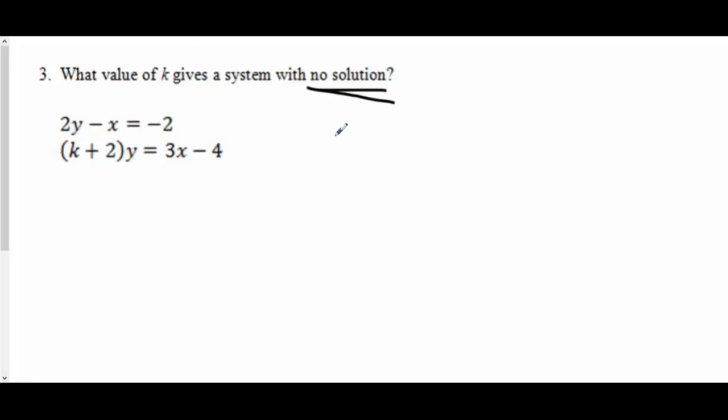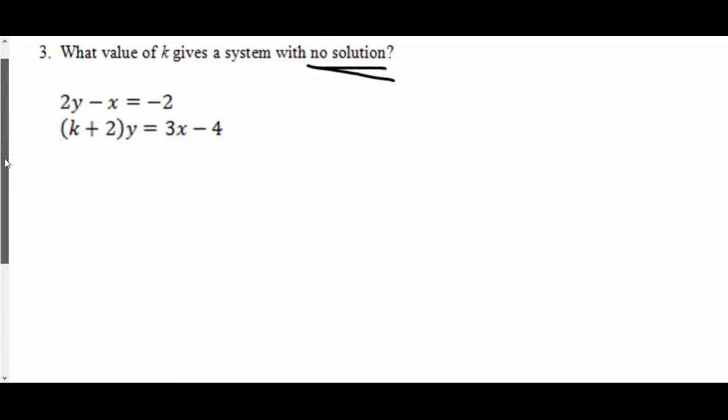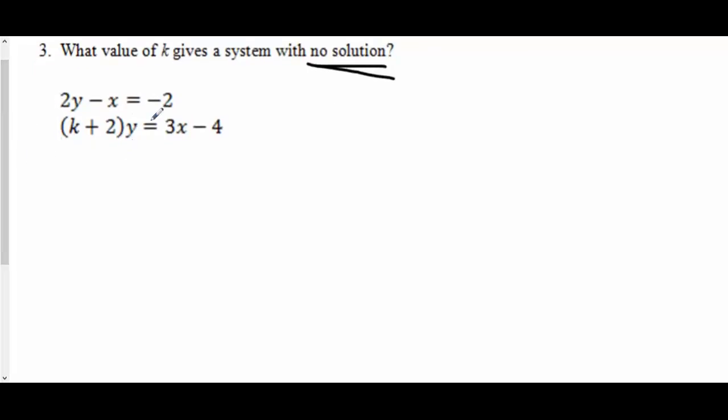So I'm going to do the same two types of answers that I gave last time. I'm going to try one first where I attempt to do a substitution and figure out what values of k I need to make this work. I'm also going to look at how I can rearrange these and what slopes I would need to make two lines that are parallel.